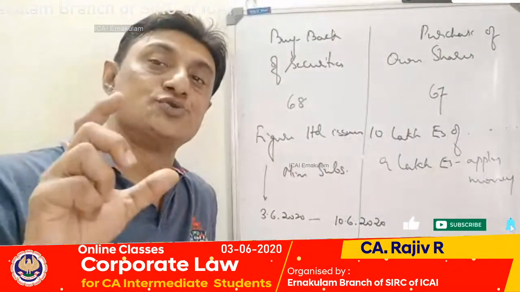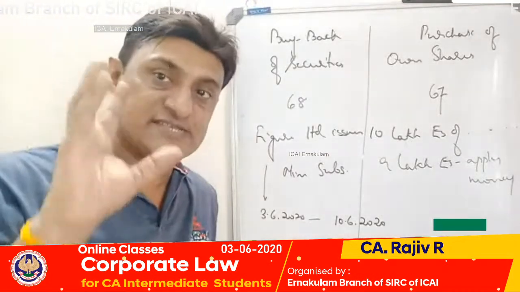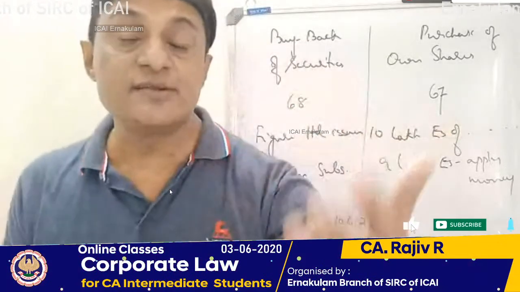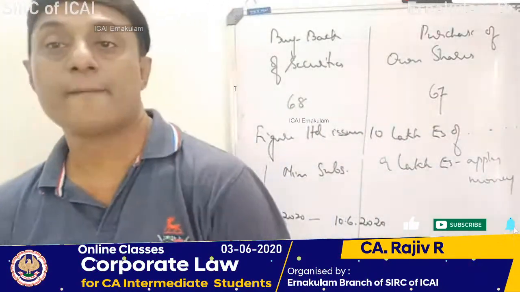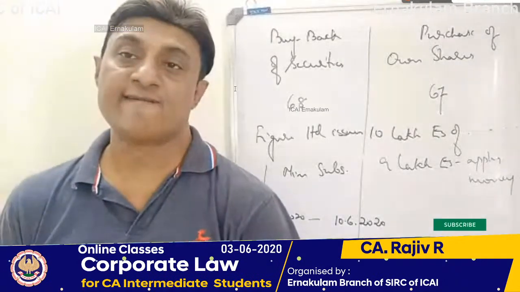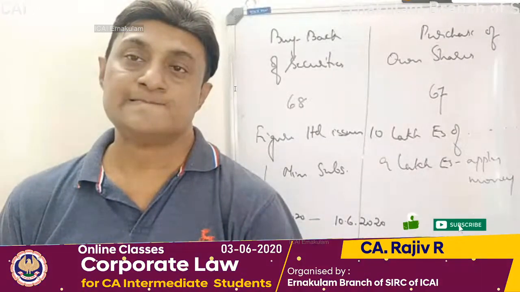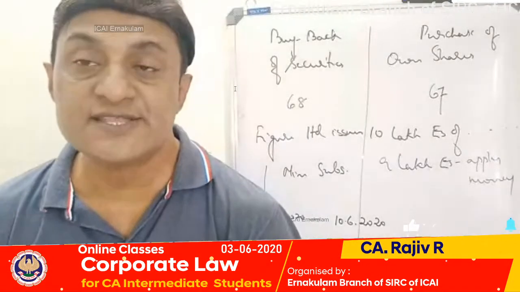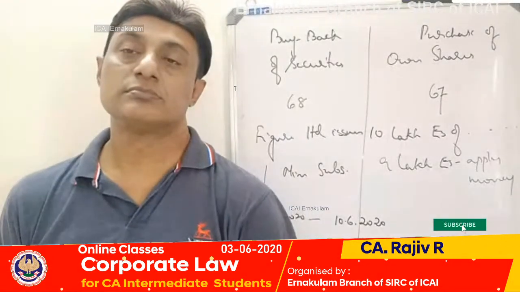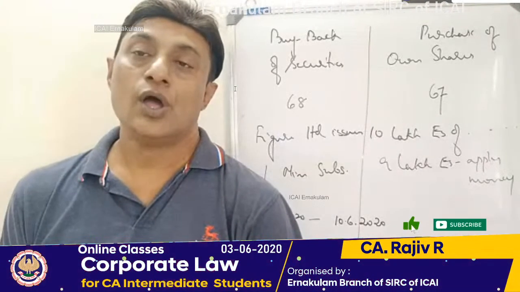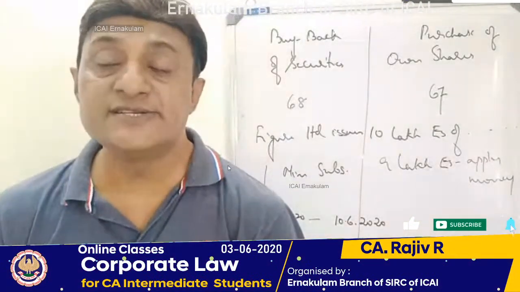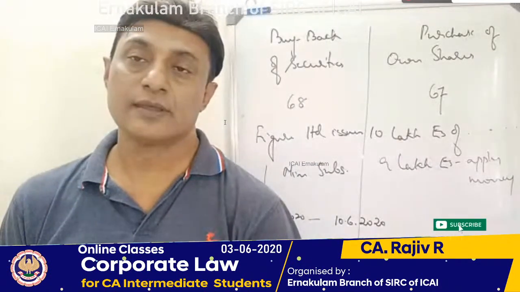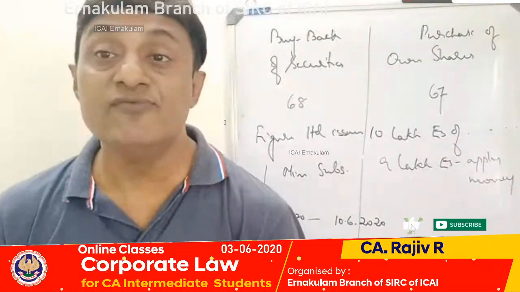The company decides to use a loophole because a company is a separate legal entity. The company says, I will invest in my own shares. The company pays itself and it shows it on the liability side and the assets. On the liability side, capital goes up. On the asset side, it shows investments.